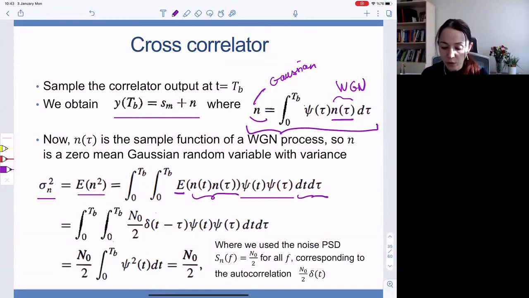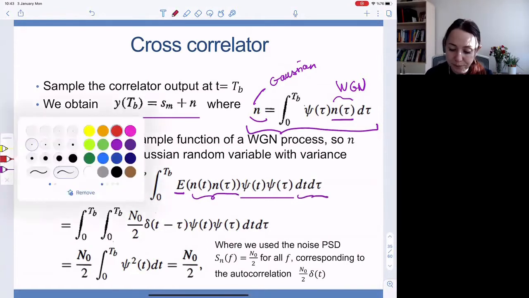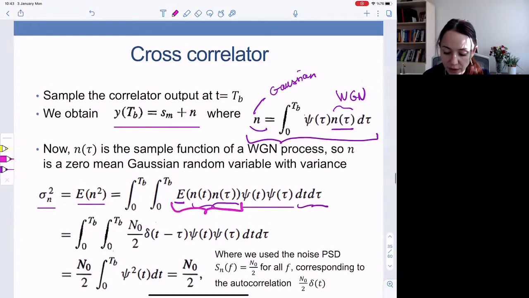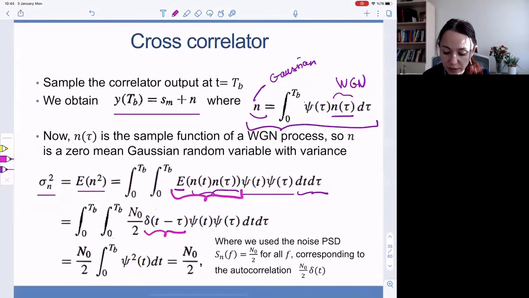Okay, but notice that this is white noise. So this expectation of n(t) n(tau) is delta(t minus tau) times N0 over 2. Remember, the power spectral density is simply N0 over 2.